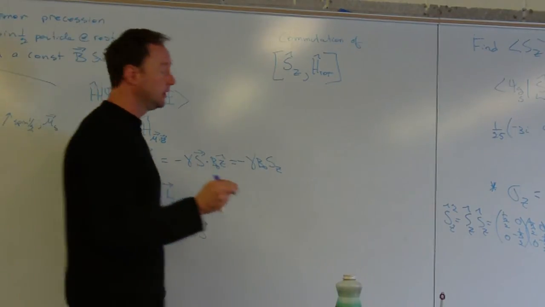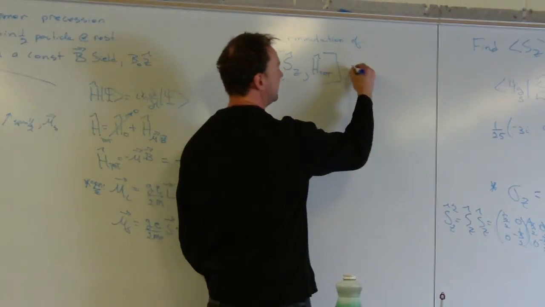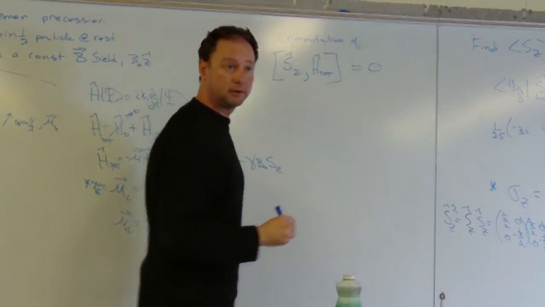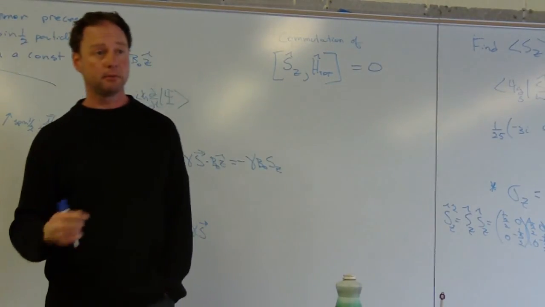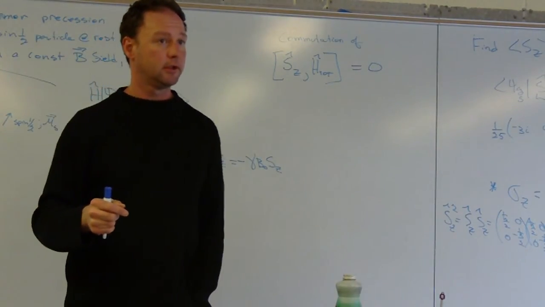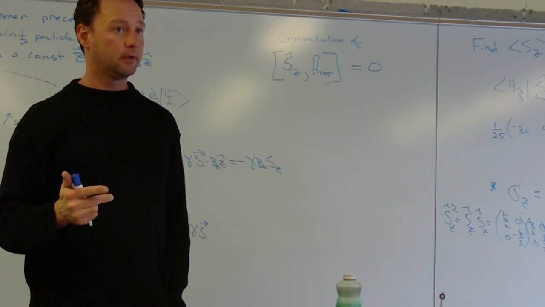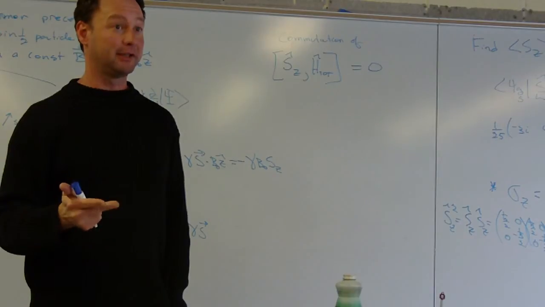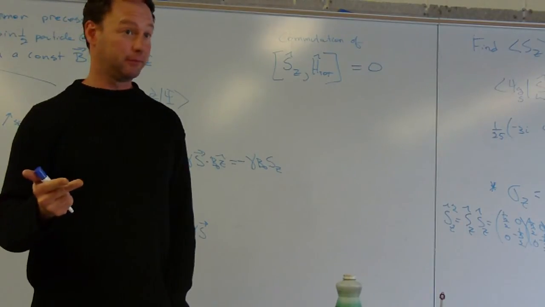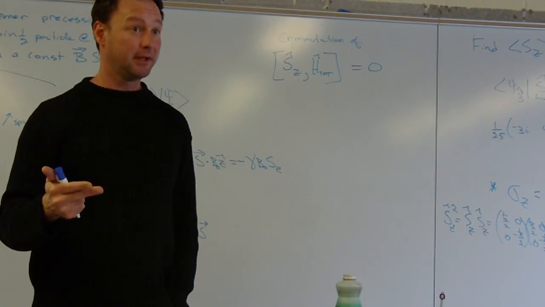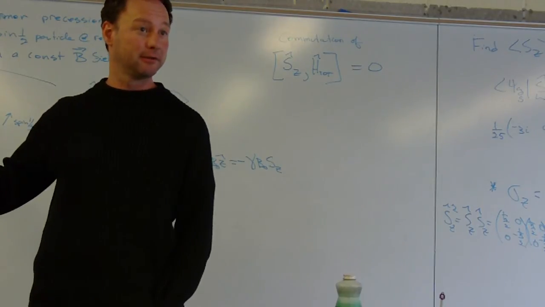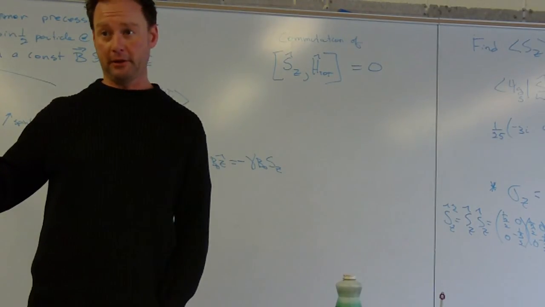So if it's true that that equals 0, then what does that tell me? Then they share the eigenfunctions. Do I already know the eigenfunctions or the eigenspinors? Yes. So I don't have to do any work. That's the big kicker.